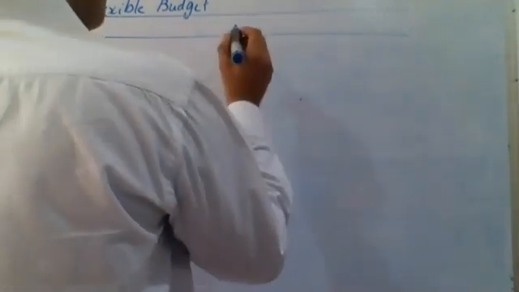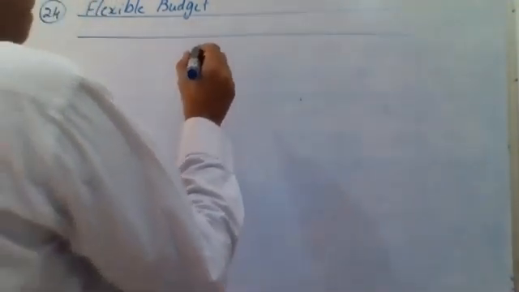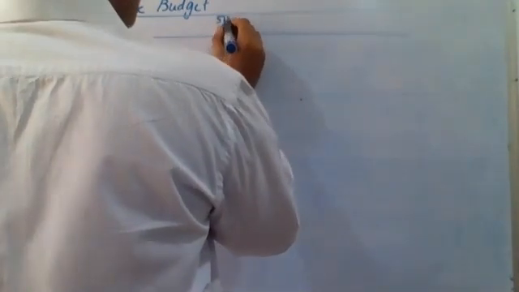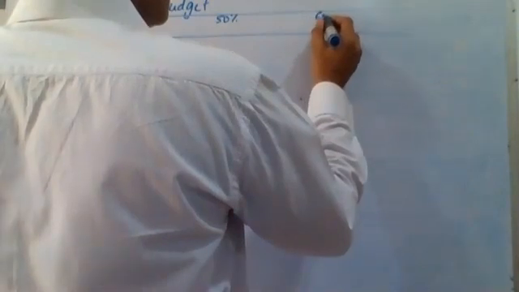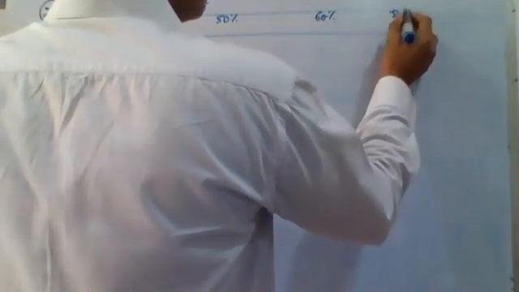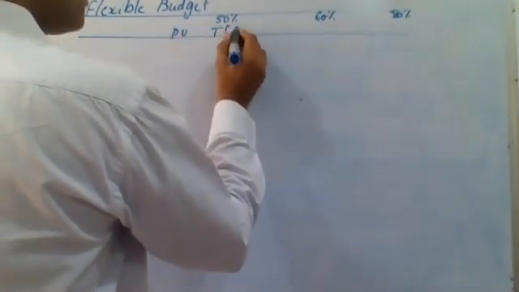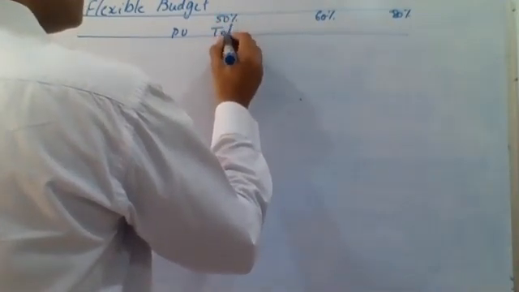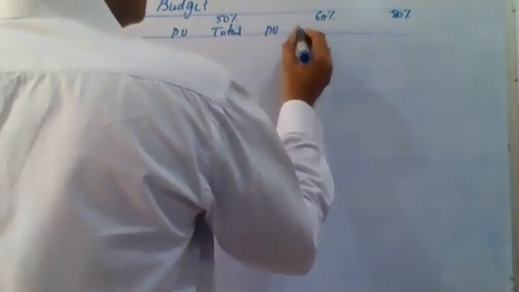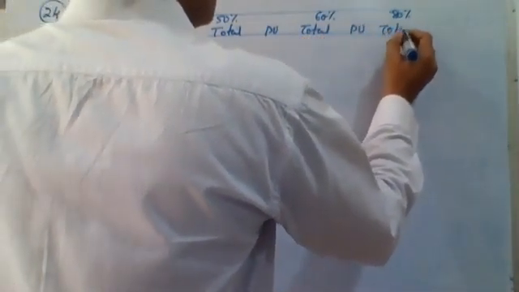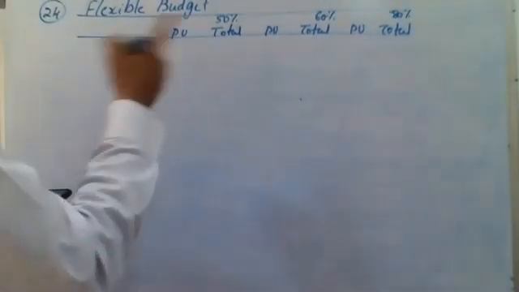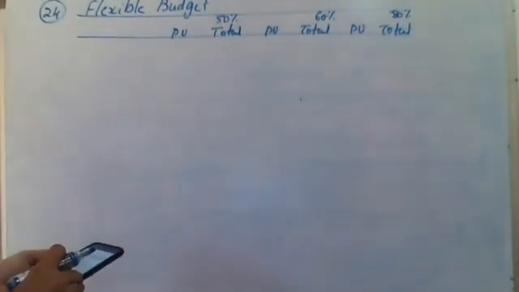So I will try to do at 50% capacity, at 60% capacity, and 80% capacity. So I will put per unit column and total column, per unit and total, per unit and total. Why? Because per unit there is a change in the material here.